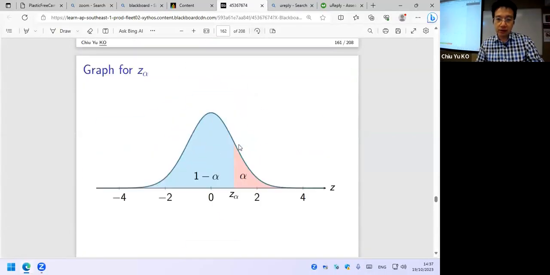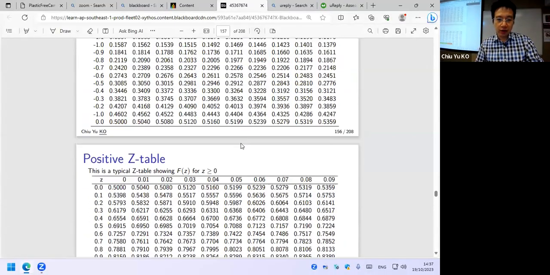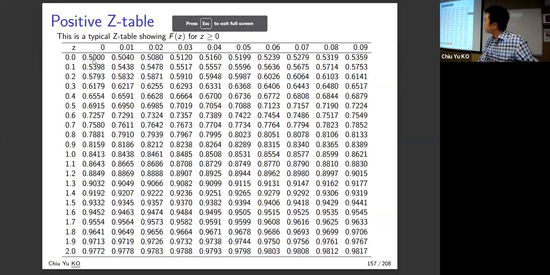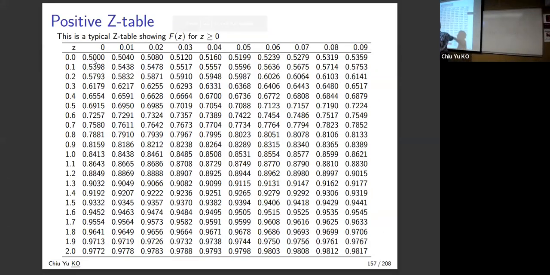So to do it, what I'm going to do is look at the table. The table tells us immediately, in the very upper left corner, it's 0.00. So that's 0.